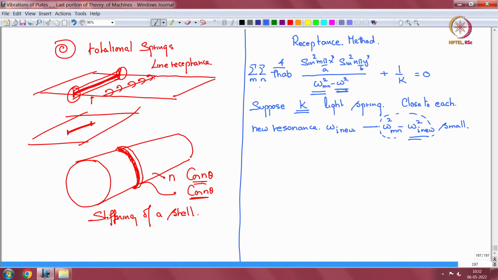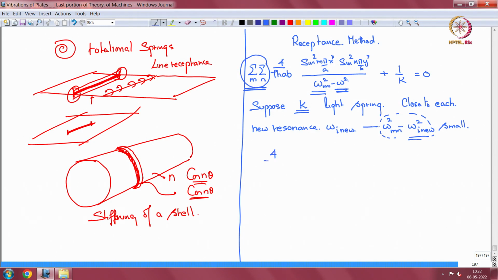And so, we can come up with an equation for omega I nu. The summation is no more needed because omega I nu is close to one particular omega mn.